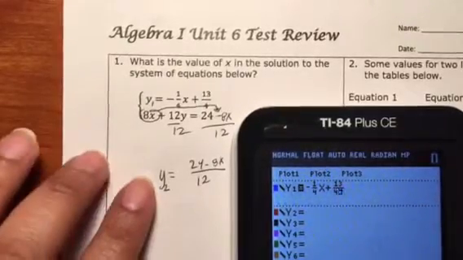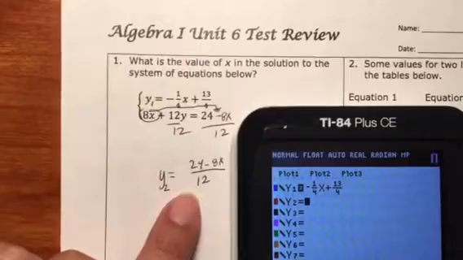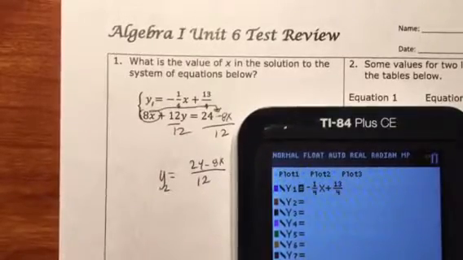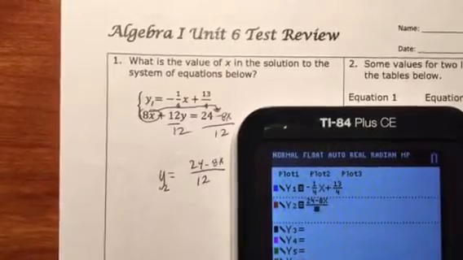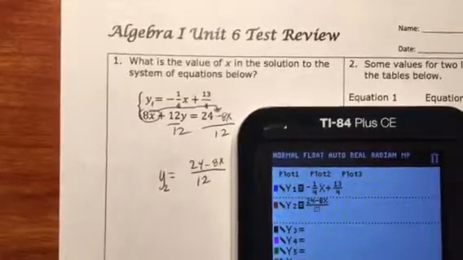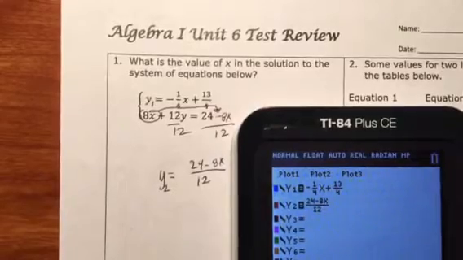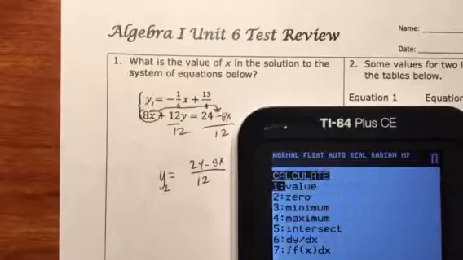So there's what we put in y1, and y2 I'm going to type in alpha y equals enter so that I can get the fraction, and make sure that you're typing in 24 minus 8x, and then 12 on the bottom.